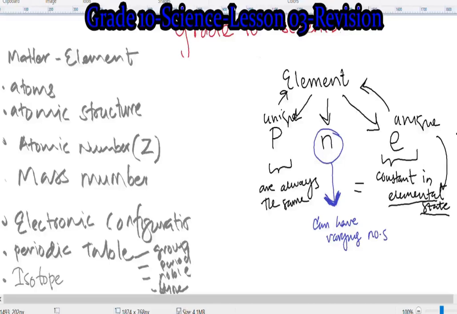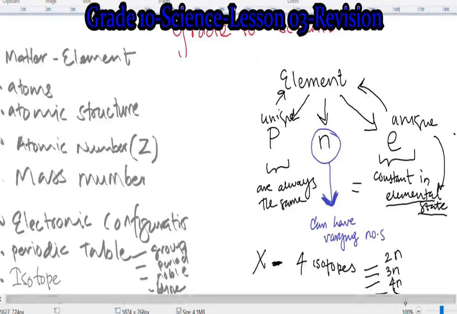Yeah. So, if you take an element, let's take element X, let's say they have found out that it has only 4 isotopes. Then there are only 4 isotopes. Let's say one has 2 neutrons, one has 3 neutrons, one has 4 neutrons, and the other one has 5 neutrons.